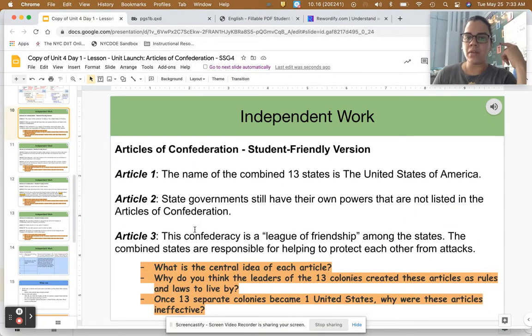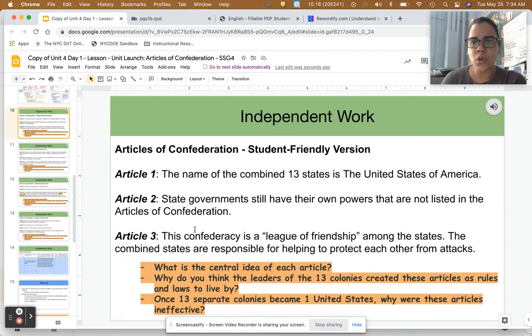Well, I'm thinking if each state has powers that the other ones don't know about, like how much power does one state actually have? Like, how do you know that one state doesn't have too much power in comparison to the other state?